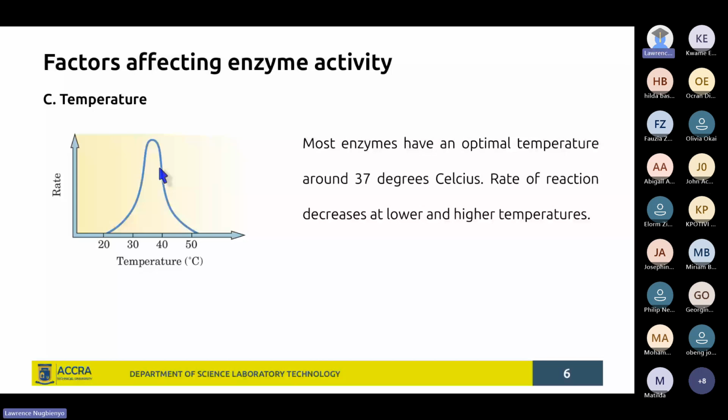How about lower temperatures than that optimal temperature? You also notice that the lower temperatures also result in decrease in the rate of reaction. Now, you can also look at it with a practical application of the process of refrigeration and freezing in food preservation.